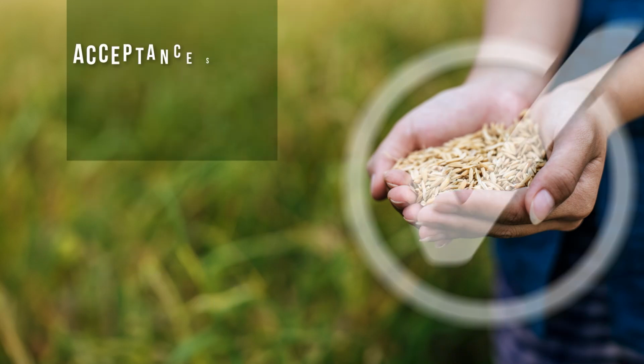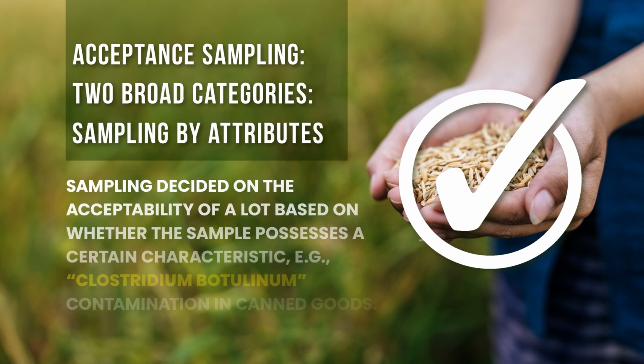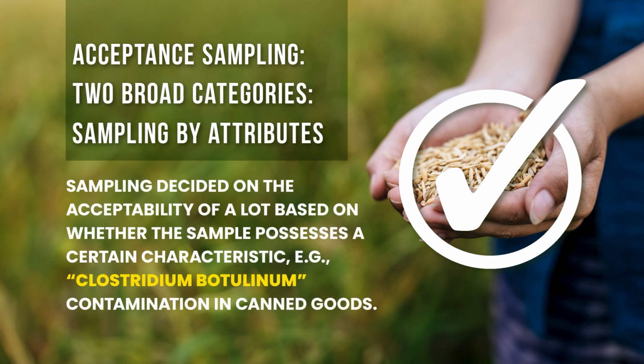In attribute sampling, we accept each unit if it passes that limit, if it is meeting that, it passes.